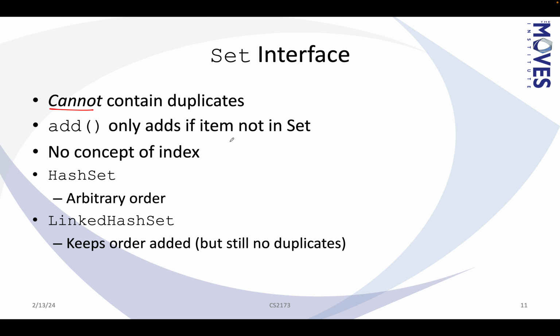In a set, if I add them in a particular way, and we'll see this when we look at the main implementation, which is a hash set, the order looks arbitrary. It can look random, and you can't count on a particular order when you have a hash set. Now, there is a thing called a linked hash set.